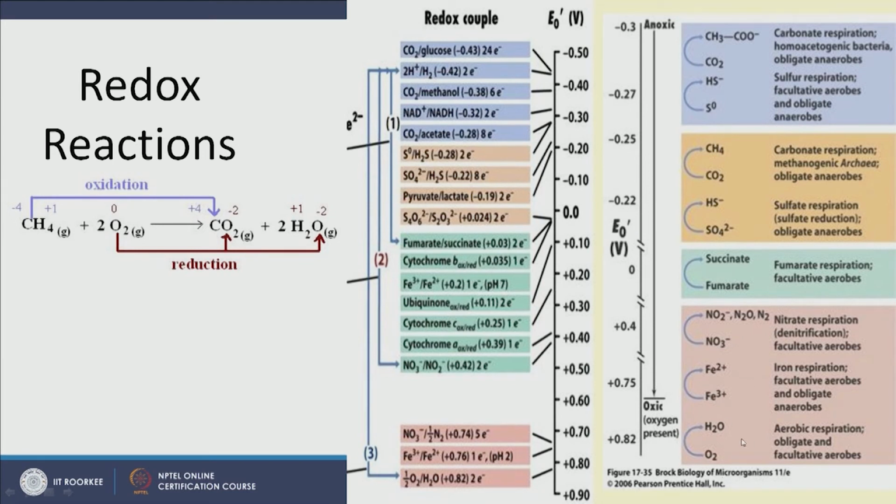Now if you notice here, my dear students, on the extreme right of this panel, we have another picture from the referred textbook of this course, Biology of Microorganisms, where we are noticing that not only their energy level or oxidation potential, but we have information on the oxic and anoxic nature of the environment.